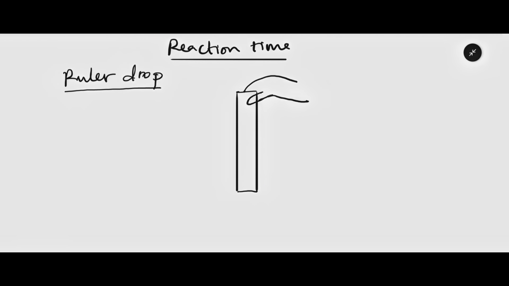And the participant is right here with their hand ready to catch the ruler, but not touching the ruler just yet, just right there at the bottom tip. Without any warning, the tester will drop the ruler without any notice. And it's the participant's job to clench their fingers and catch the ruler as quickly as possible.